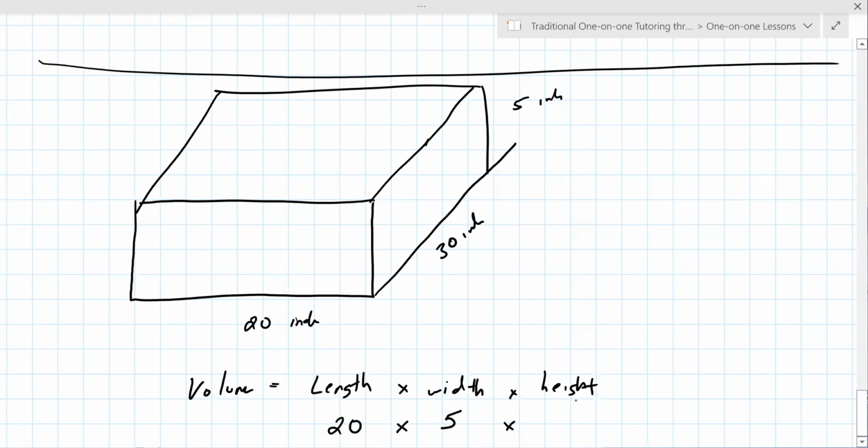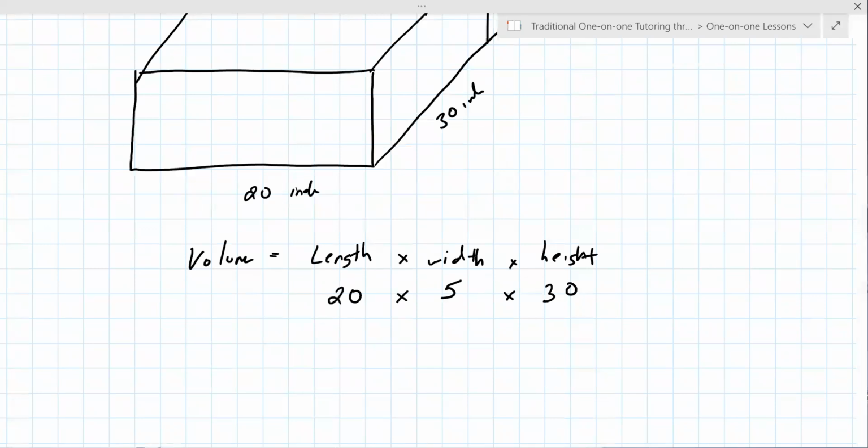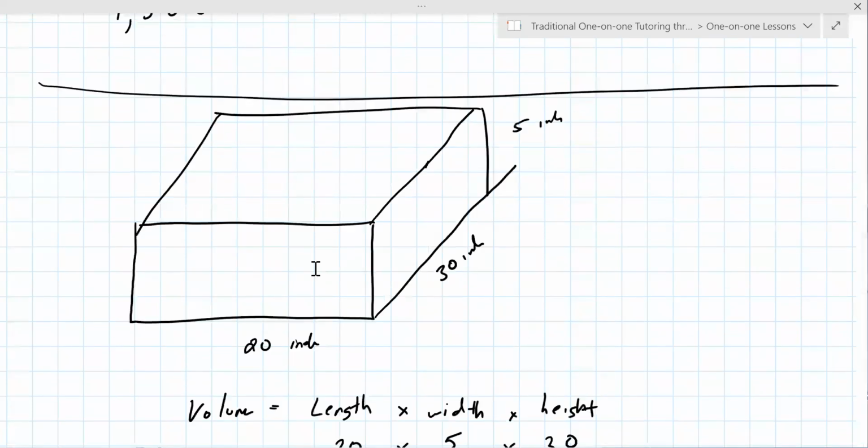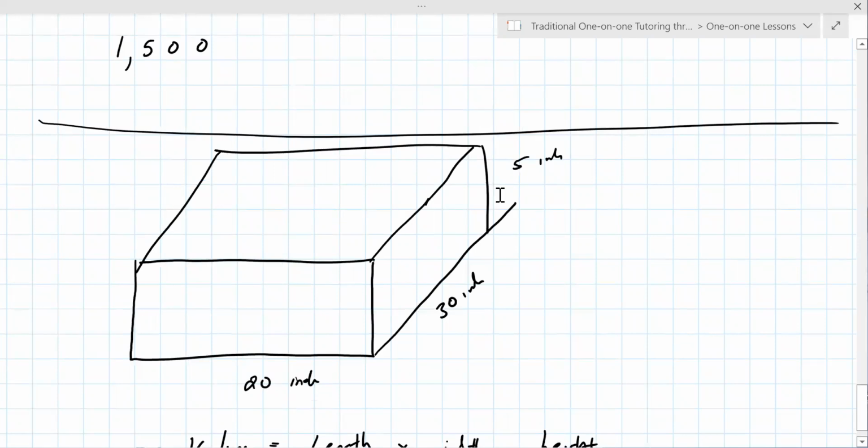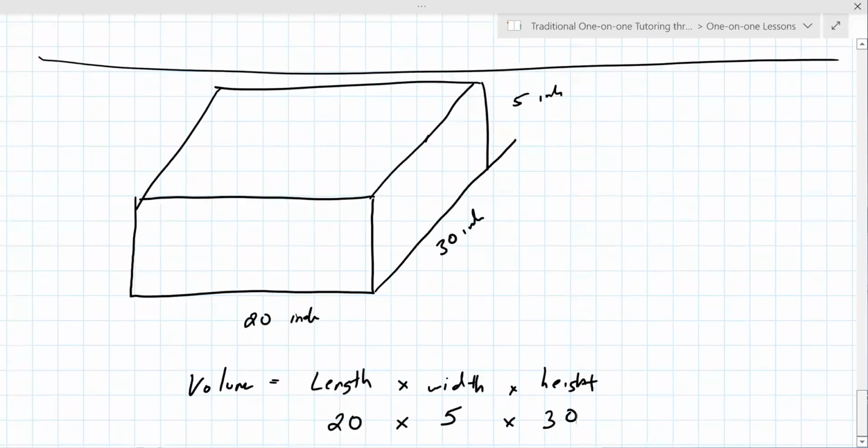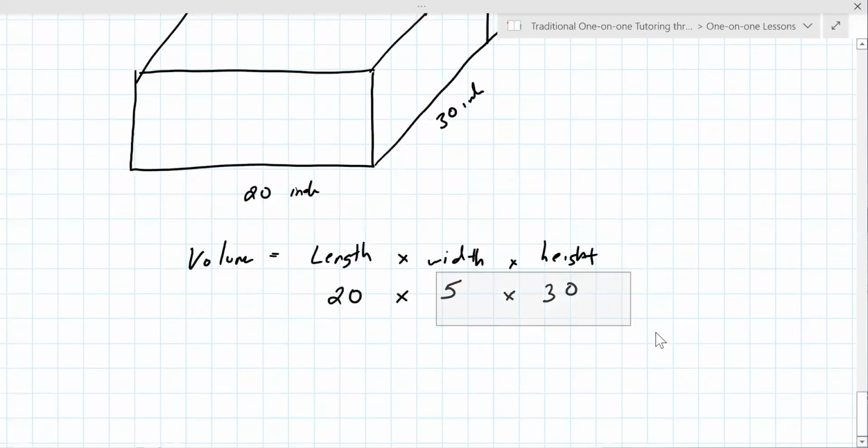Oh wait, no. Can I change it or no? Sure. The answer though is it doesn't matter because you have to use all 3 numbers. But yeah, you can change it. Well, how do you want to change it? The height is 5, and then the width is 30. Okay. Great. So now I want you to multiply 20 times 30 on your own, please.